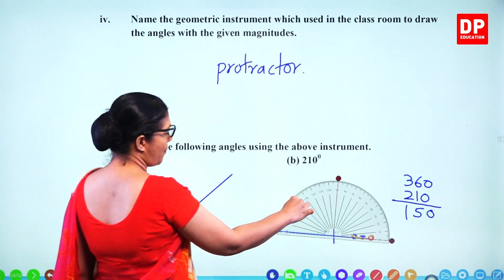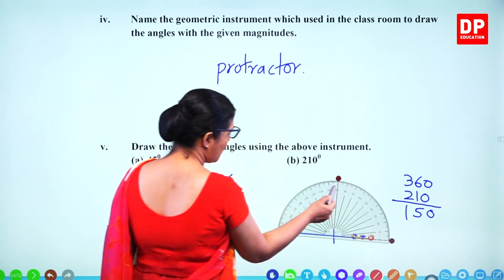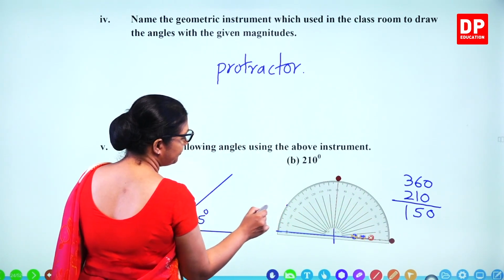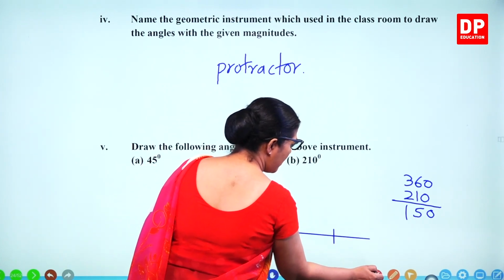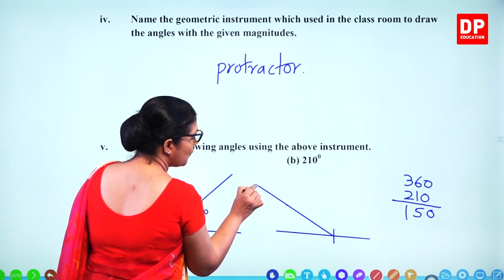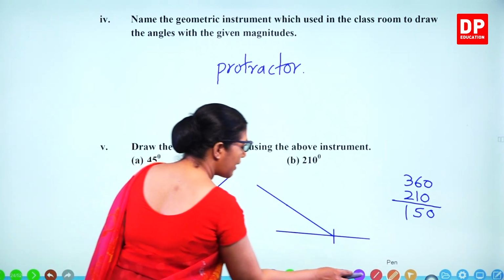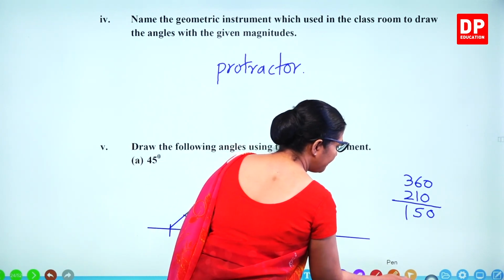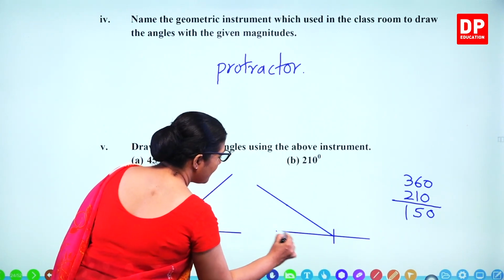So we'll measure from here or here, any side. We'll take this one, 150 is here, from here. Then we can draw the line. So this way it's 150, so we have to mark the other angle. So we'll erase this line.